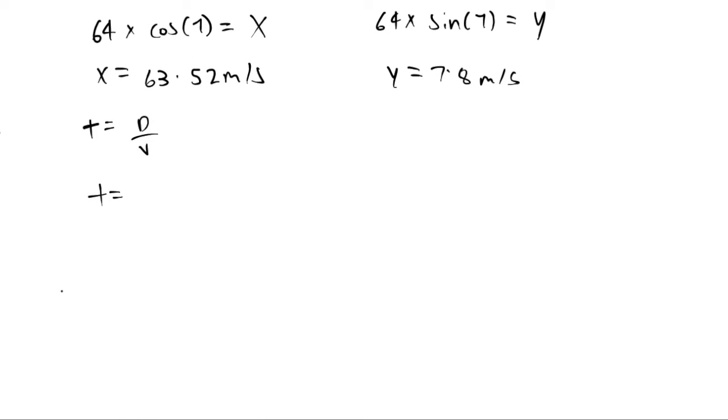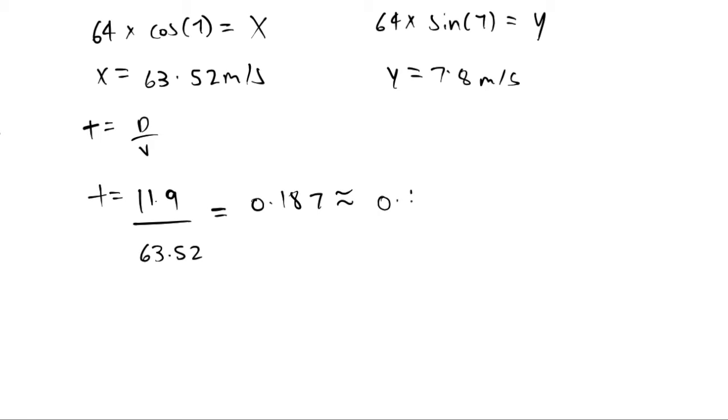So we can put 11.9 over our speed, which we got 63.52, and so we should get the time it takes to reach. Let's put this into our calculator. 11.9 divided by 63.52, we get the time is equal to 0.187, which is approximately 0.19 seconds, and that is our answer for this question.